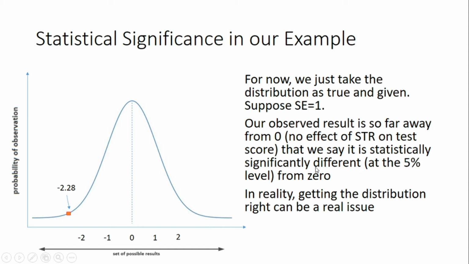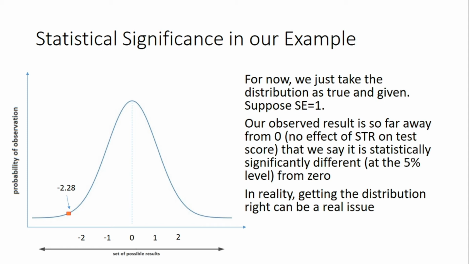So it's statistically significantly different from 0 at the 5% level. We have a way of quantifying how sure we are that our results are not being driven by chance alone. Now, in reality, getting the distribution right, knowing that it's normally distributed and finding the standard error can be quite difficult, but at least understand that statistical significance is a really important concept here.